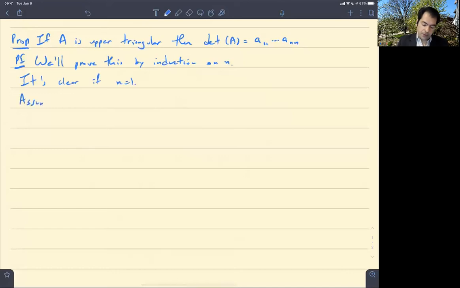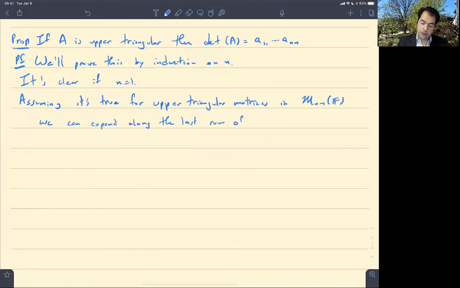Assuming it's true for upper triangular matrices of size n minus 1 by n minus 1, we can expand along the last row of A. We'll just take the Laplace expansion where we use the last row of A, which is mostly 0.